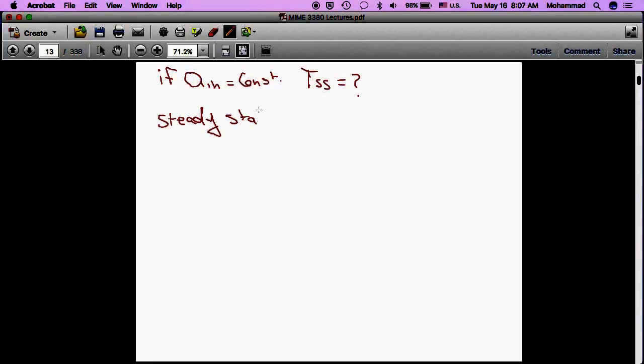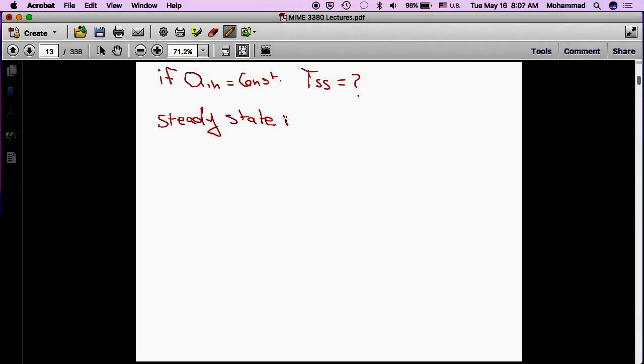So let's just make sure that we have this new definition. We talked about just now the steady state response.